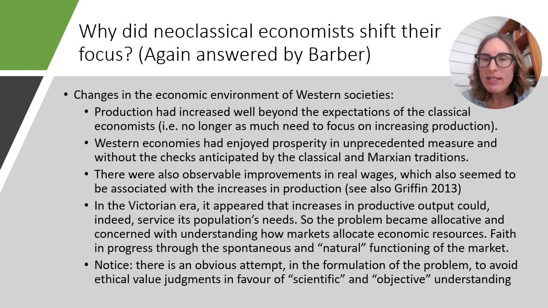The text that you're asked to read this week by Barber also deals with why neoclassical economists shifted their focus in this way. Well, there were changes in the economic environment of Western societies, of global North societies. Production had increased well beyond the expectations of the classical economists.